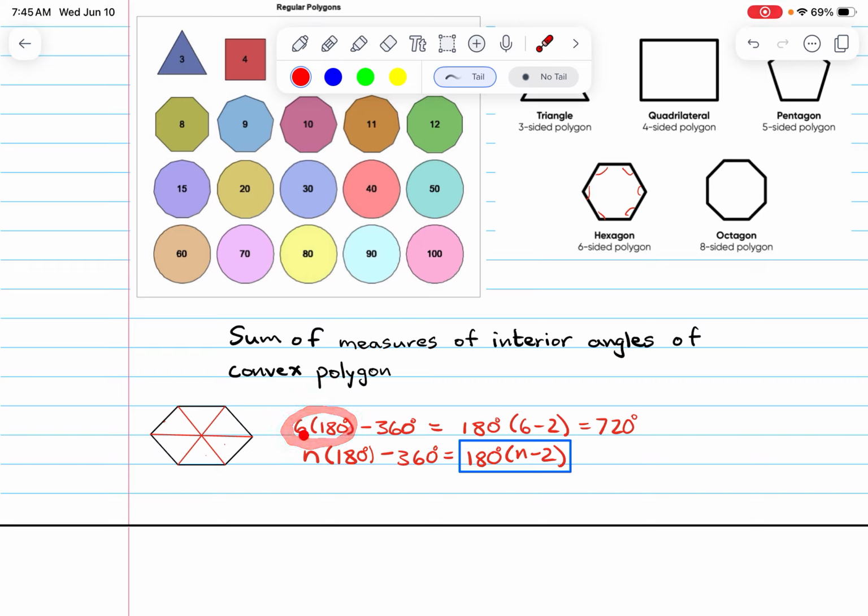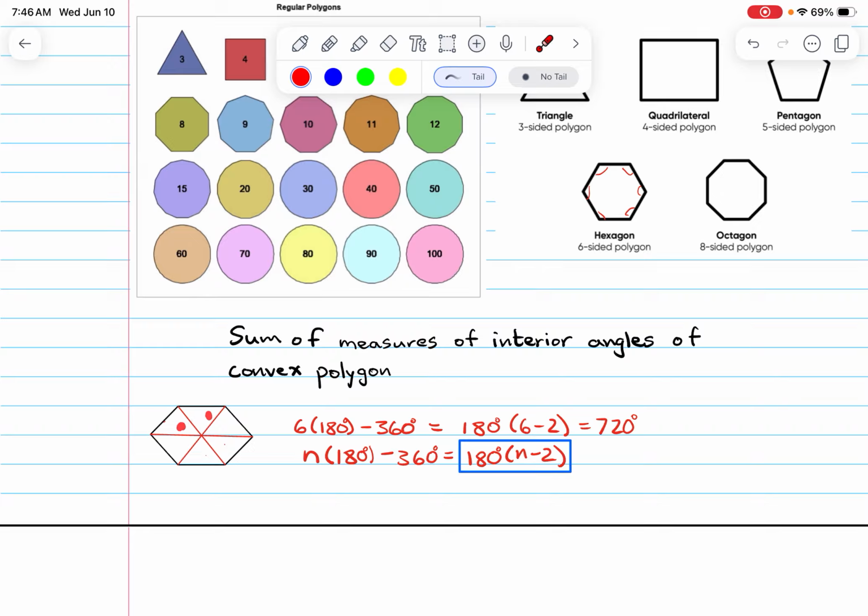But wait a minute. I don't want these angles right here. These are not part of the interior angles up here. So I want to subtract off these angles. If you notice, this angle plus this angle plus this angle plus this angle plus this angle all add up to 360.